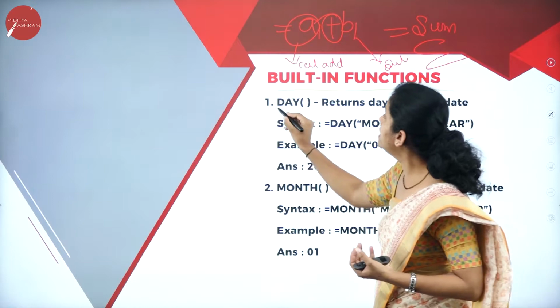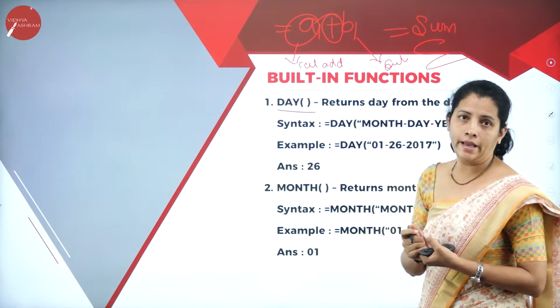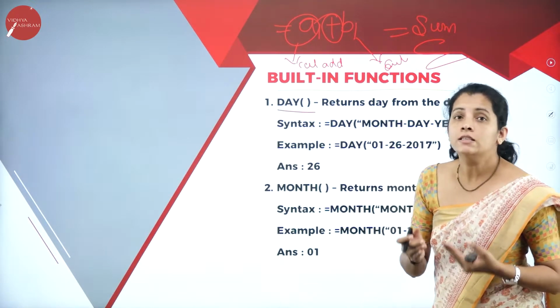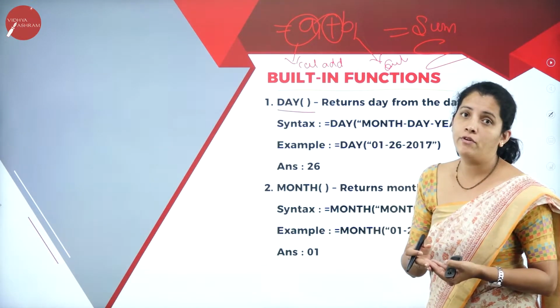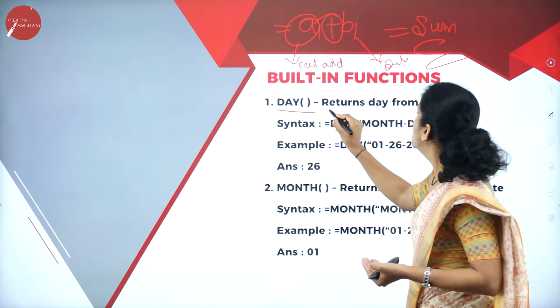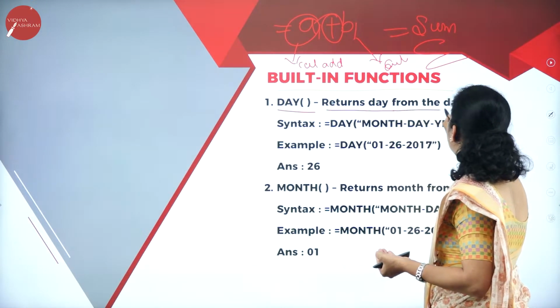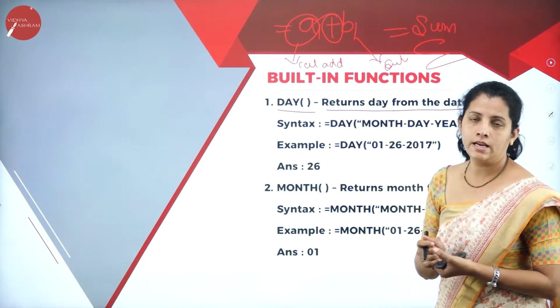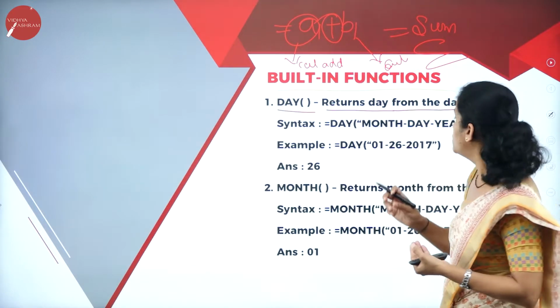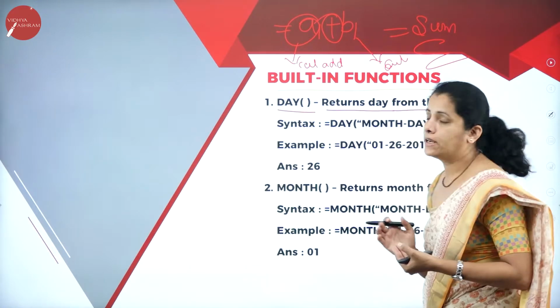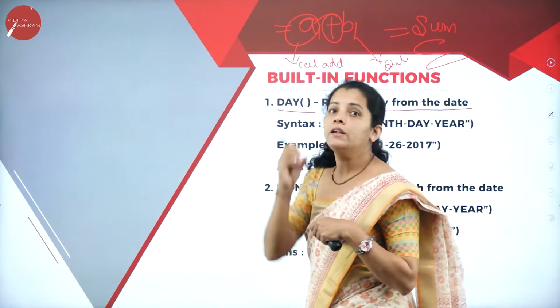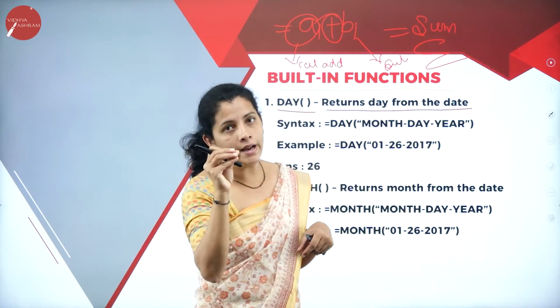Here at the beginning, I'm going to have day. So what is day? Suppose if I want to get the present day information, then it returns the day from the date. That means if I want to know the day, then where will I get it? It is going to return the day from the date.